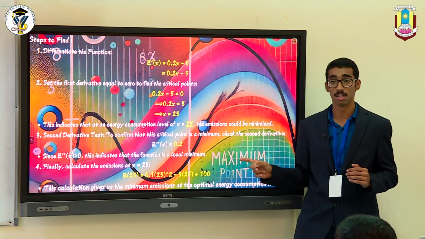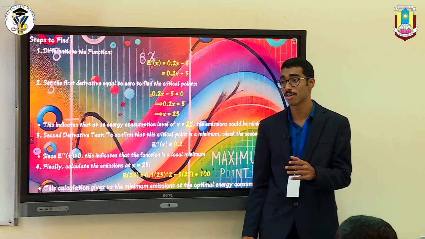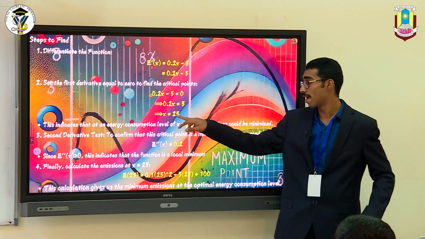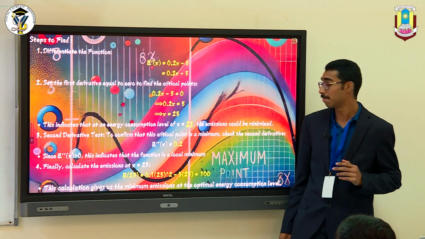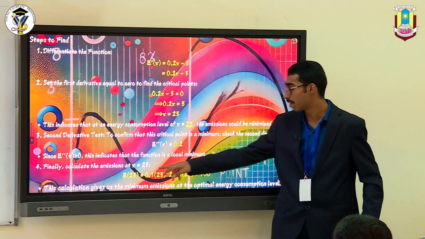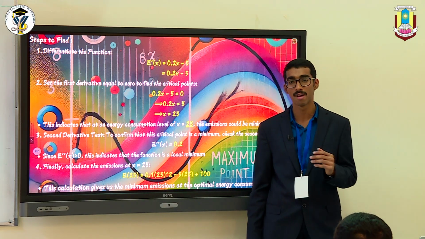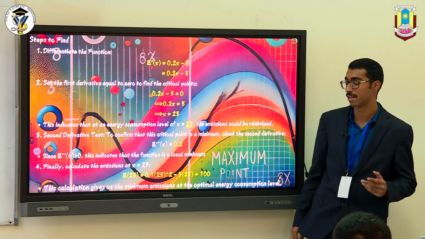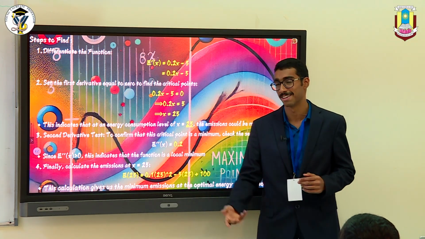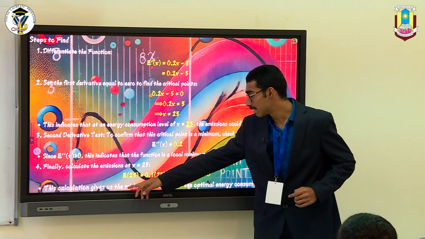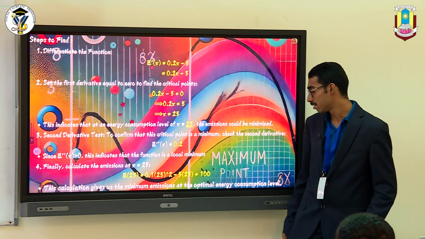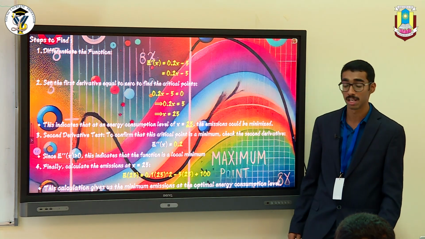As this is greater than 0, according to the rules, x is equal to 25 is a local minima, and the value after substituting it in the function is the minimum value of pollution which can be output. So this calculation gives us the minimum emissions at the optimal energy consumption level.